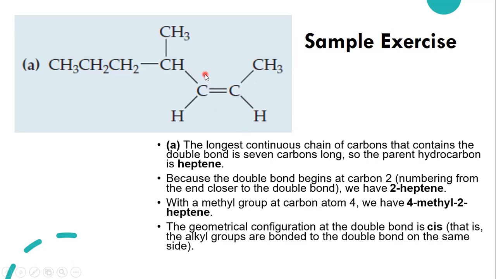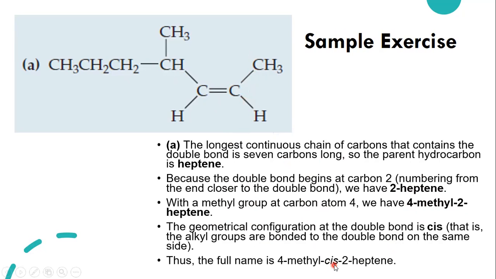Okay, so the name of this is again 4-methyl-2-heptene. 4-methyl because 1, 2, 3, 4, the methyl group that is attached is found in carbon number 4, and 2-heptene because the double bond is found in carbon number 2.